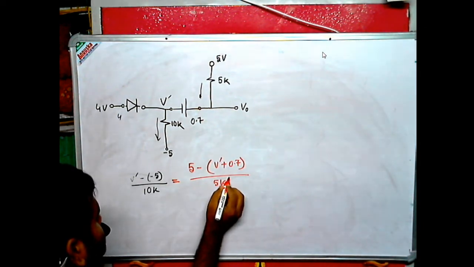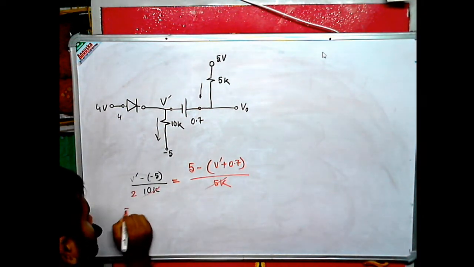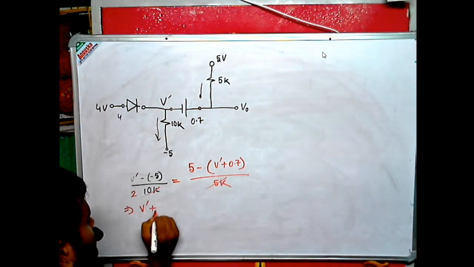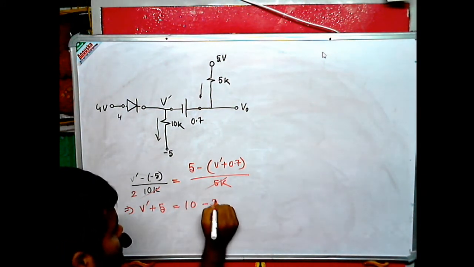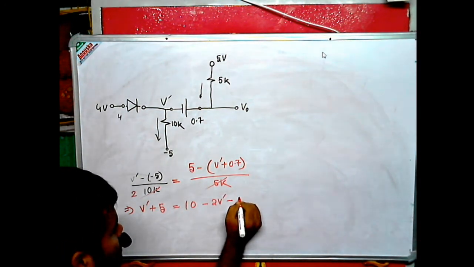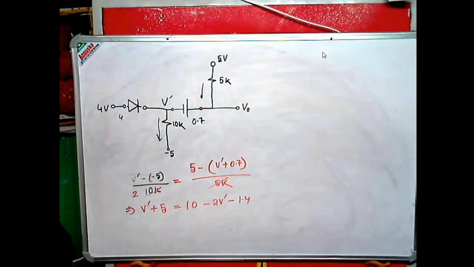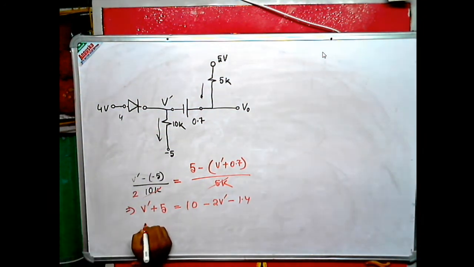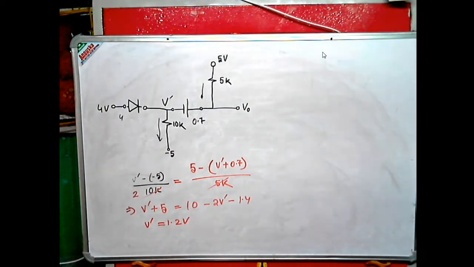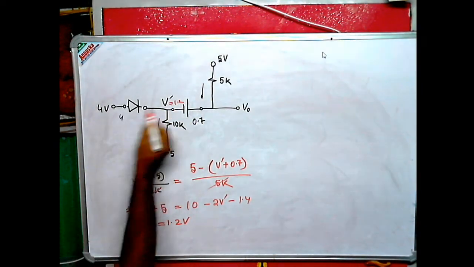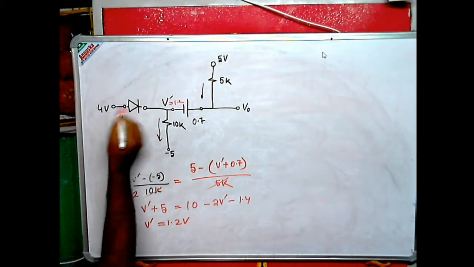So this is 2 times V dash plus 5, that is 10 minus 2 V dash minus 1.4. So you can calculate the value of V dash. It is basically 1.2 volt. Now this is 1.2 volt and here it is 4 volt, so this diode will be on.